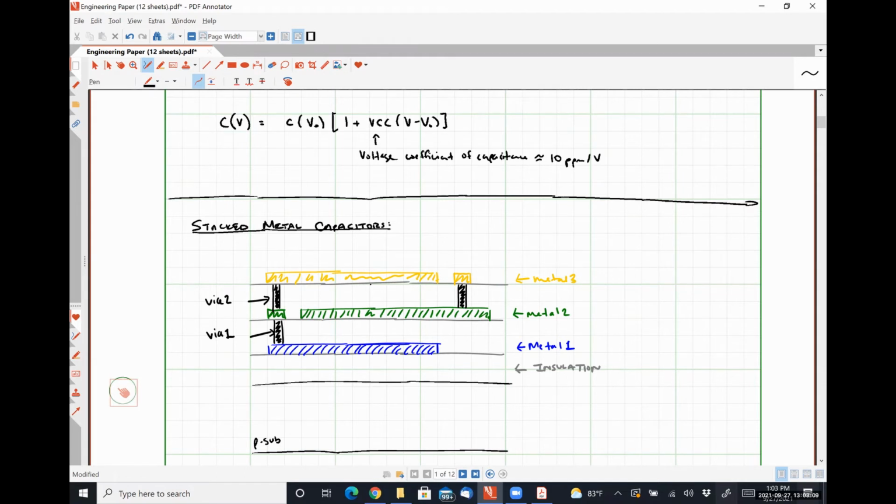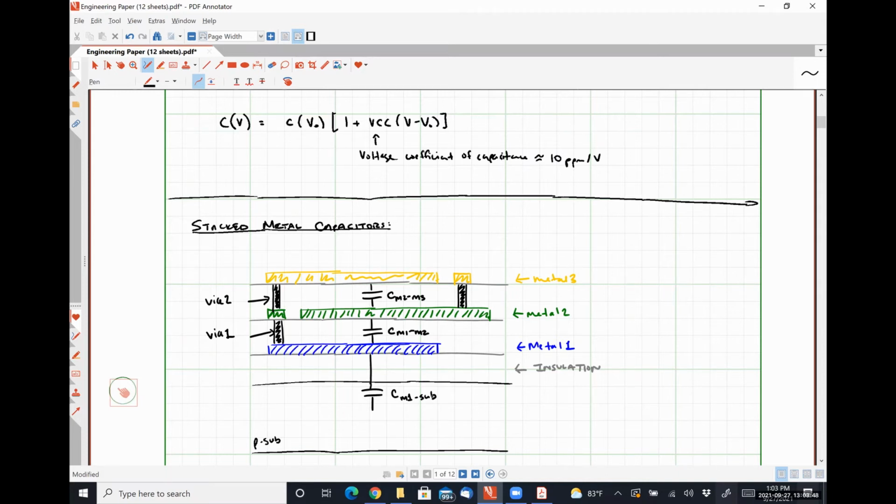So there's going to be a capacitance formed between the overlap of metal 2 and metal 3. And there's going to be a capacitance formed between the overlap of metal 1 and metal 2. And then I'm going to have a parasitic capacitance here between metal 1 and my substrate.